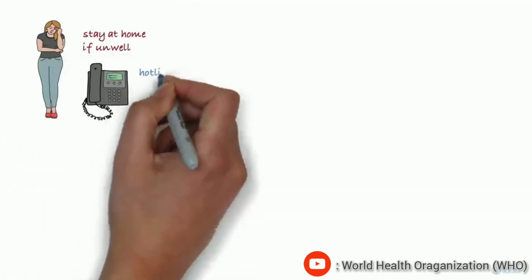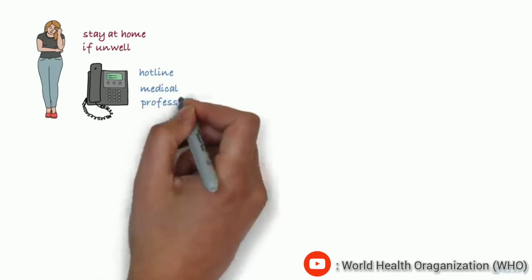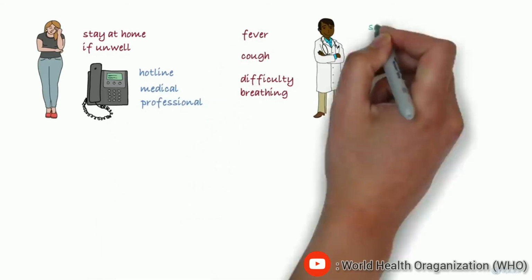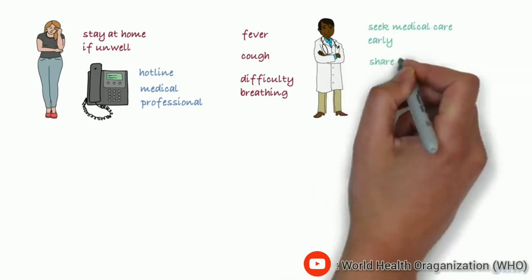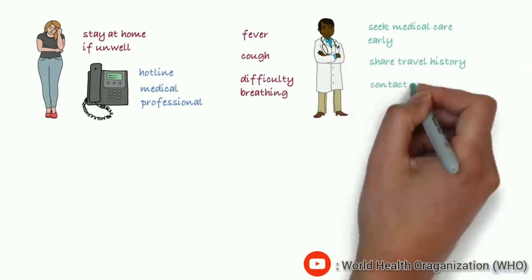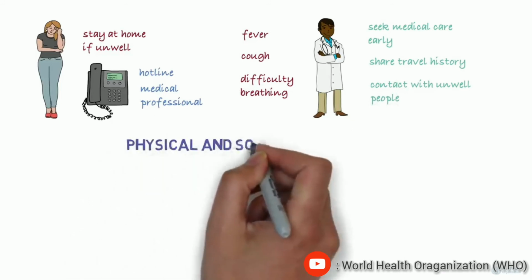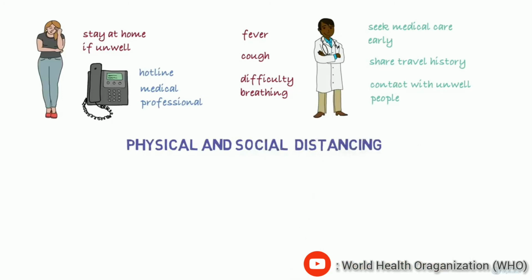It's important to stay home if you're feeling unwell and to call a hotline or your medical professional. But if you have a fever, cough, or difficulty breathing, seek medical care early and share your travel history or contact with someone unwell with your healthcare provider. In some areas, governments have implemented specific physical and social distancing measures to prevent the spread of the outbreak.